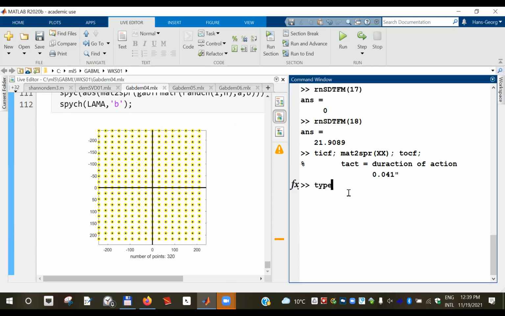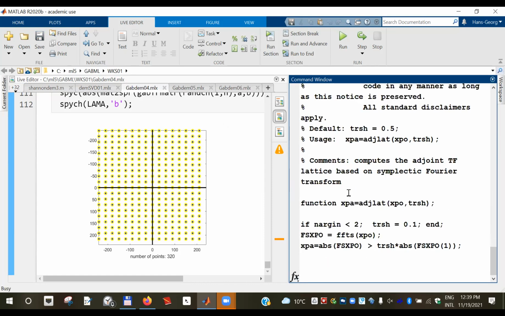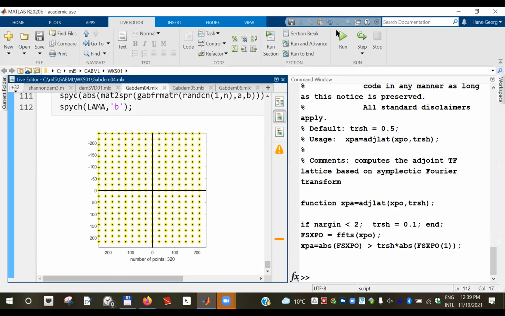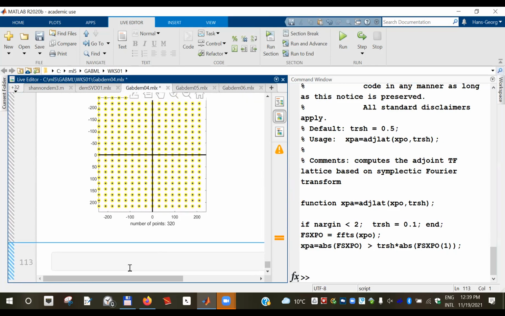Maybe I'm showing you also the command adjoint lattice, but maybe this is better done here. So the adjoint lattice was for a long time just the lattice with the lattice constants 1 over b, 1 over a.